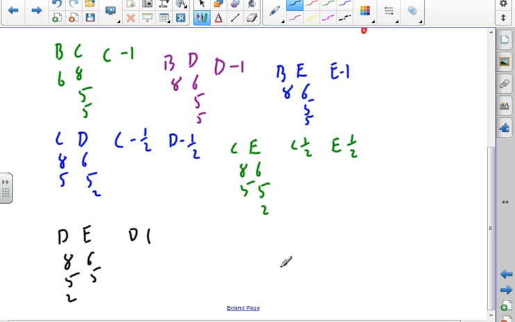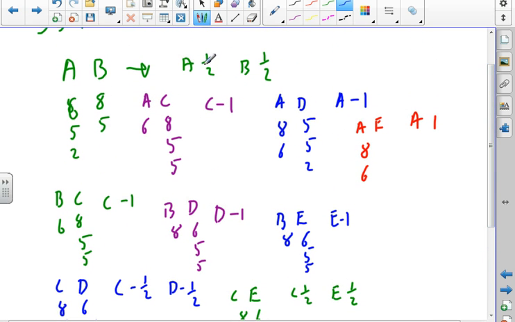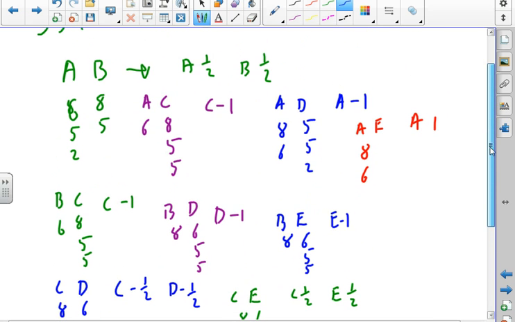Okay. Now we get to add them up. A has 1/2, 1.5, 2.5. A has 2.5. B has 1/2. That's all.